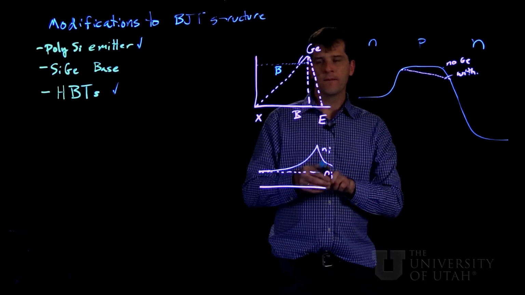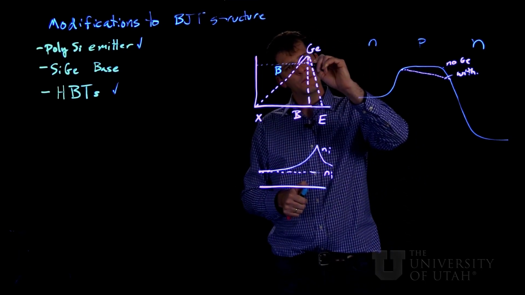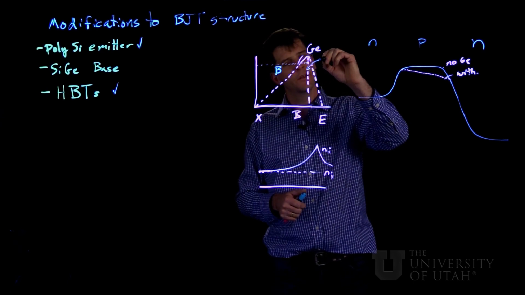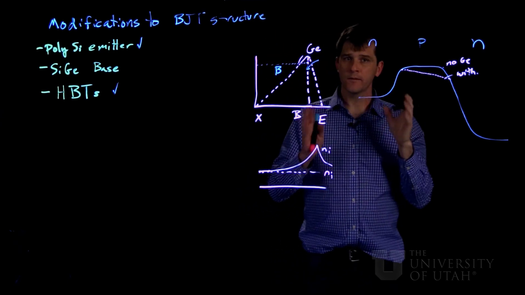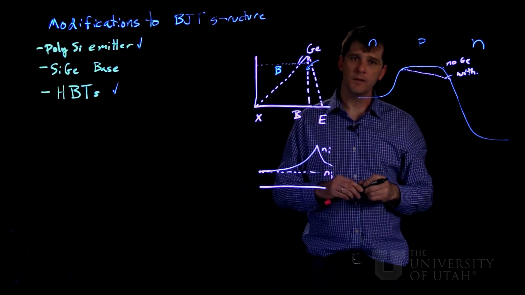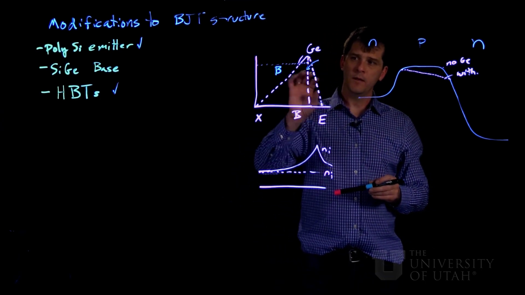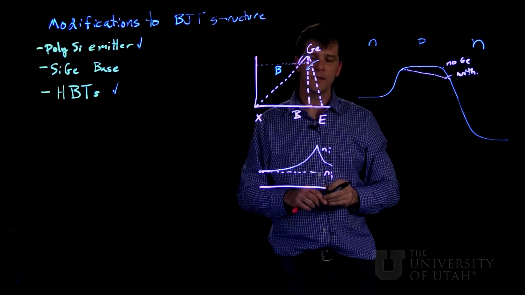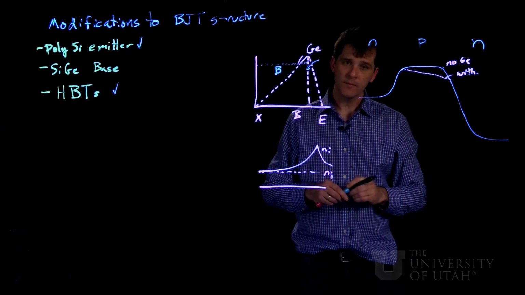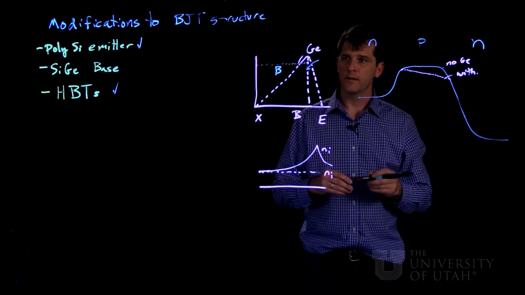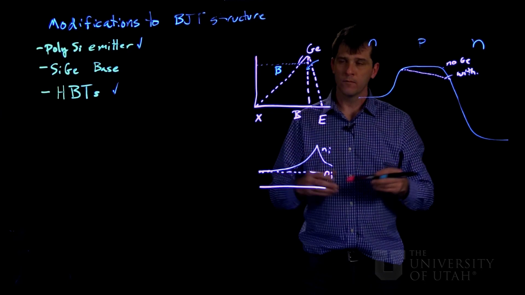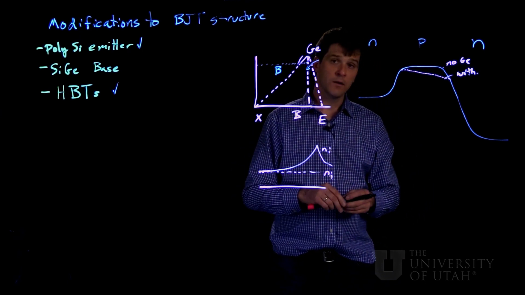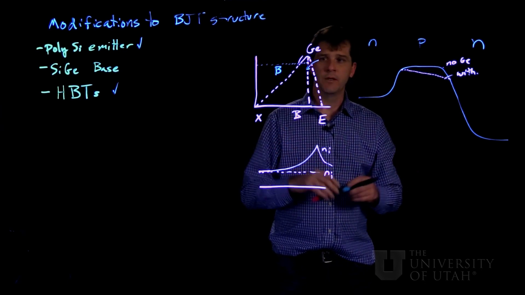Now, what this means is that right at the boundary where we're going to evaluate the collector current, the Ni is larger than it is in the case with no germanium. And this means actually that the collector current will be greater than the case where there's no germanium.